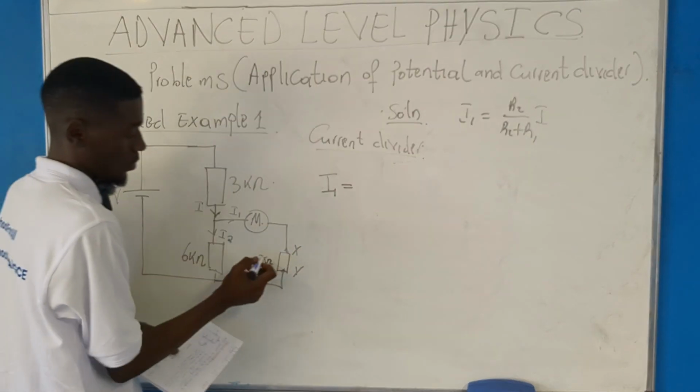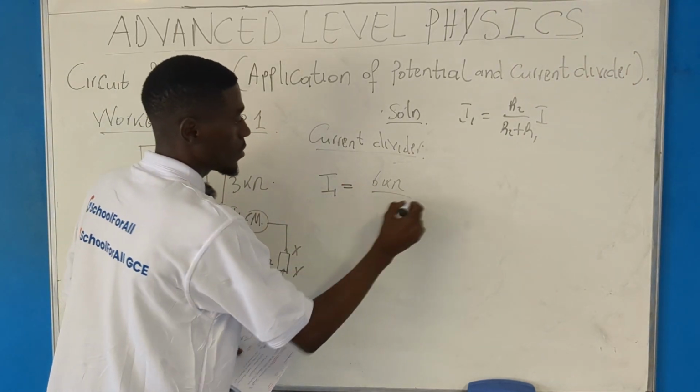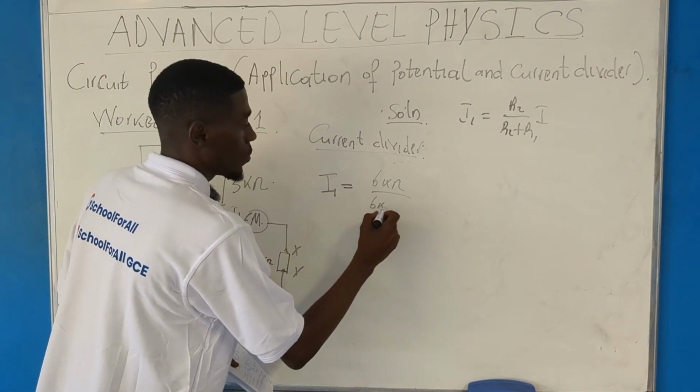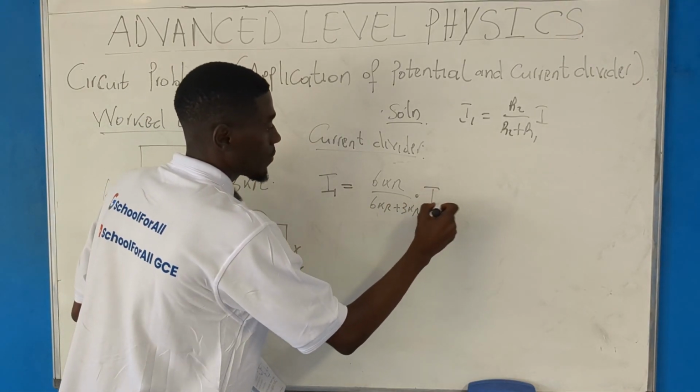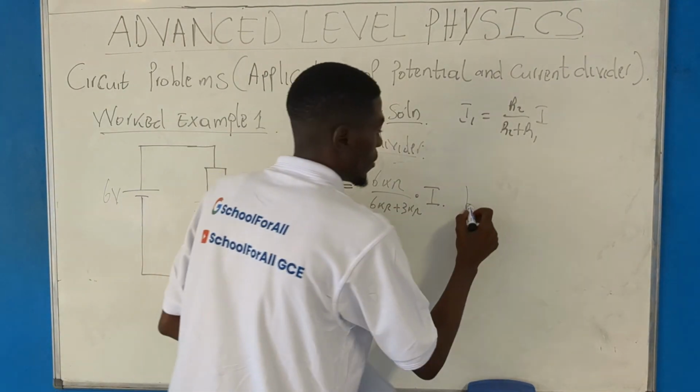This I1, rather than taking 3 kilo ohms, I will start with 6 kilo ohms over 6 kilo ohms plus 3 kilo ohms times the current flowing in the circuit, which is I. But we should find the value of I.